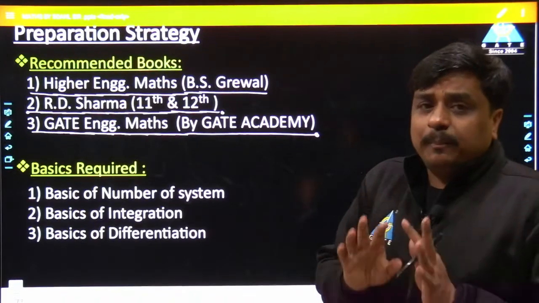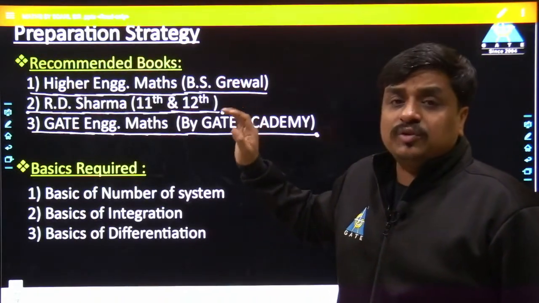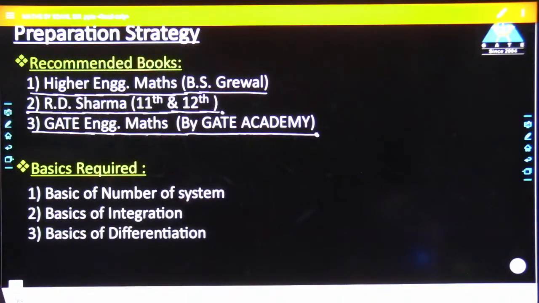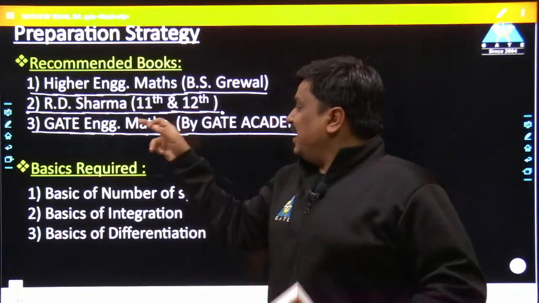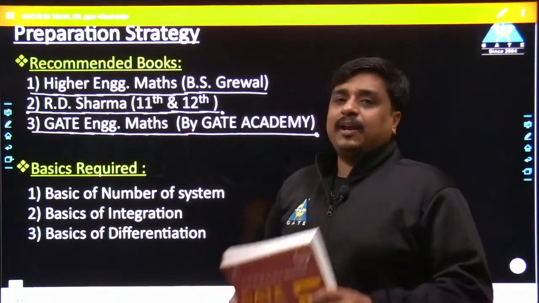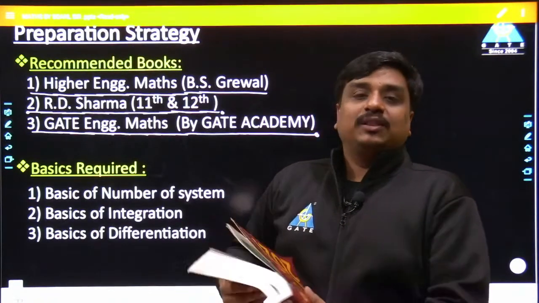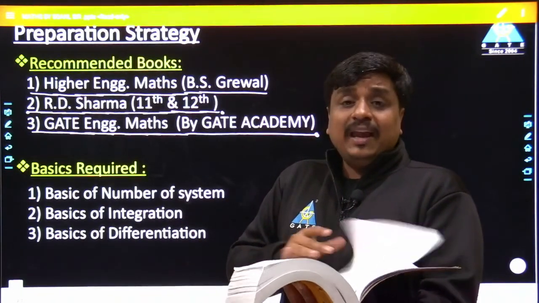Now, I would give a brief strategy on how you should follow each of the books. What must be your strategy? I would recommend this book from our publication, GATE Engineering Mathematics by GATE Academy. If you are from an electronics background, do one thing: open this book and start from any topic.